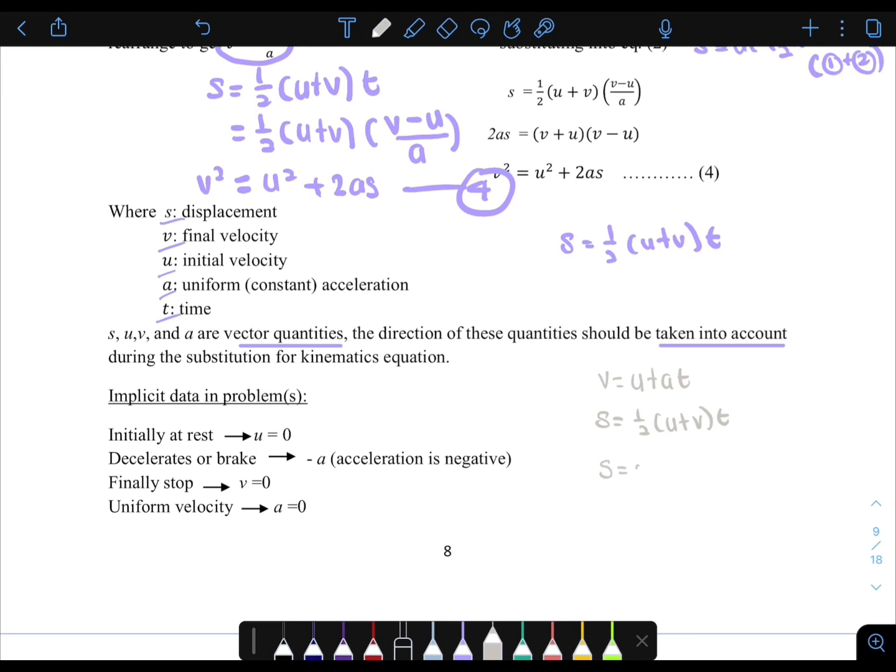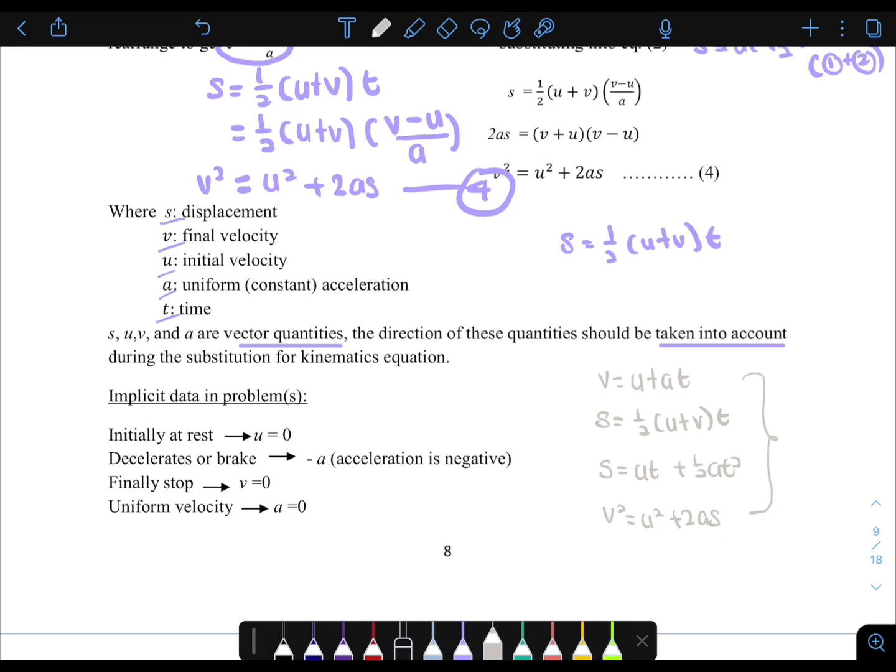And then we have the third equation, S equals UT plus half AT square, which was the combination of equation 1 and equation 2, where we substitute in the term V. And then we have V square equals U square plus 2AS, which is also a combination of equation 1 and 2, where we substitute the term T into the equation.